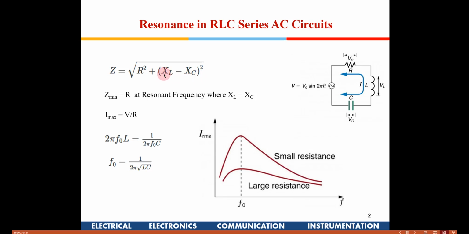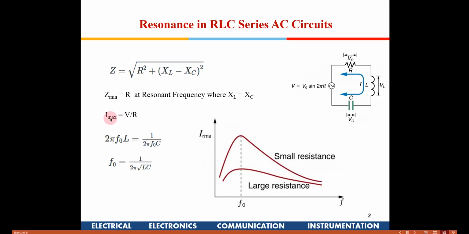XL is L omega and XC is 1 by C omega, both frequency dependent. As the frequency keeps increasing, at the resonant frequency XL becomes equal to XC and this term becomes 0. So we just have Z equal to R, and at resonant frequency we get the maximum RMS current.